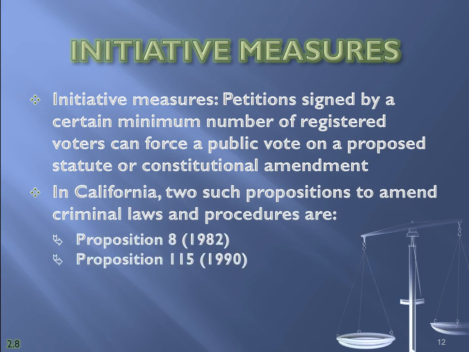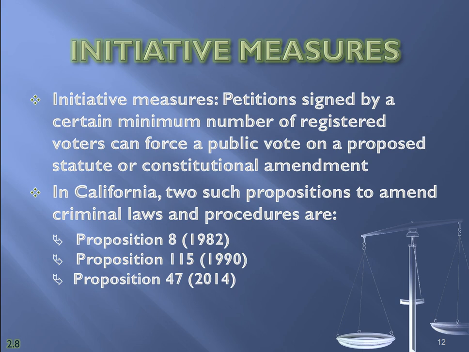As part of the classifications of crimes and penalties, sometimes initiatives and measures come forth where petitions are signed by a certain number of registered voters, and they can force a public vote on a proposed statute or constitutional amendment. In California, 2 such propositions to amend criminal laws and procedures were Proposition 8 and Proposition 115, and I'll talk about Prop 47 towards the end.